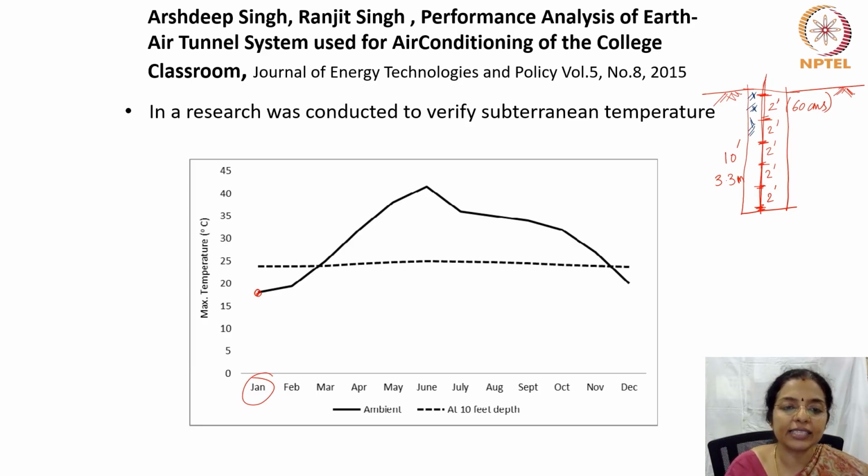Like this they plotted for each month: January, February, March, April, May, June, July, August, September, October, November, December, and all of this is the average of the maximum day temperature for that month.